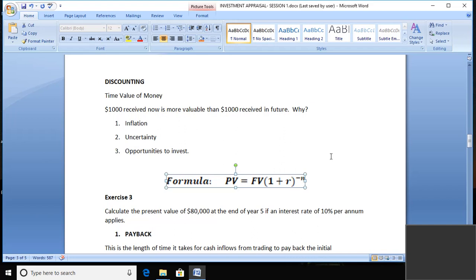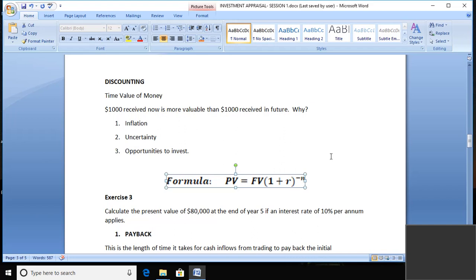I've told you the reasons why the amount of money you have now is more valuable than the same amount of money received later in the future. It's because of inflation, which is the loss of purchasing power of money, because prices of goods and services are increasing, you can only manage to buy less with the amount of money you have if you are to buy these things later in the future.